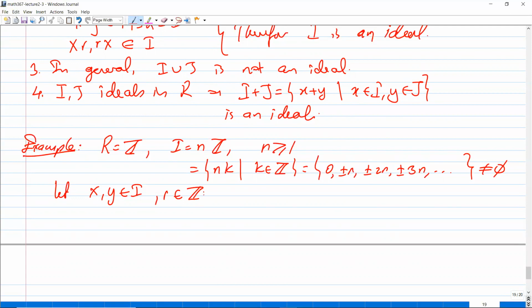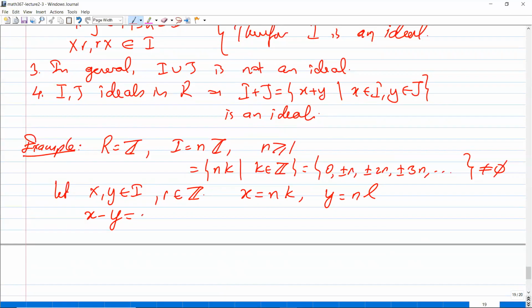Since x is in I, we can write x as n times k, and y is n times l. Let's look at x minus y.